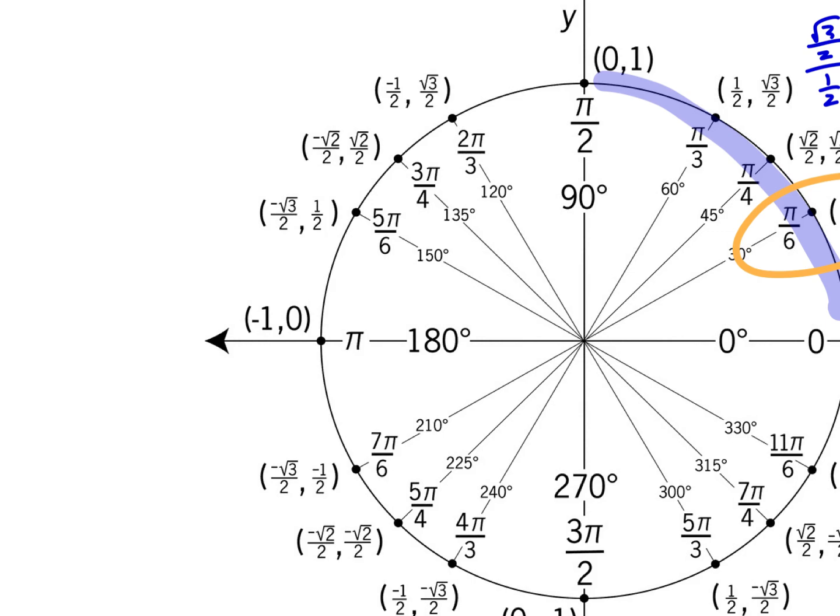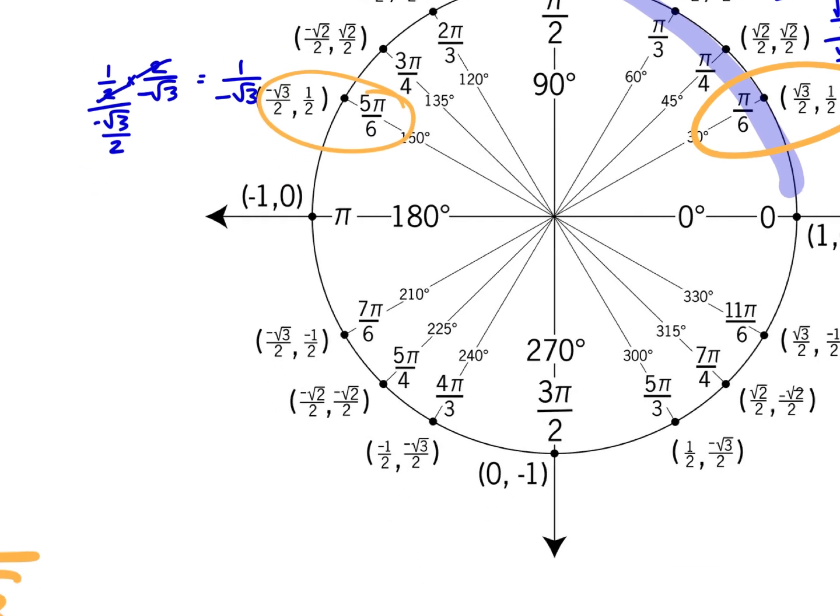If I did the math here, it would be 1/2 over negative square root 3 over 2. Keep change flip. This would be 1 over negative square root 3, so that works. So 5 pi over 6 is going to be one of our answers.